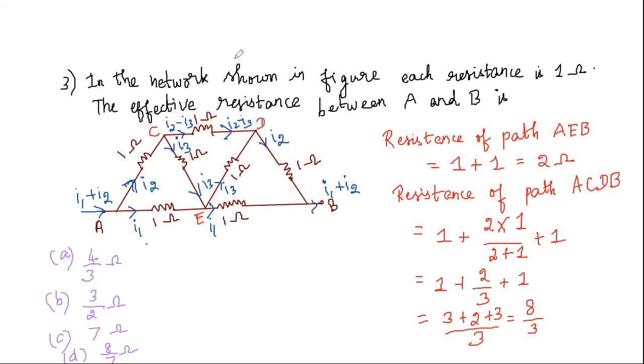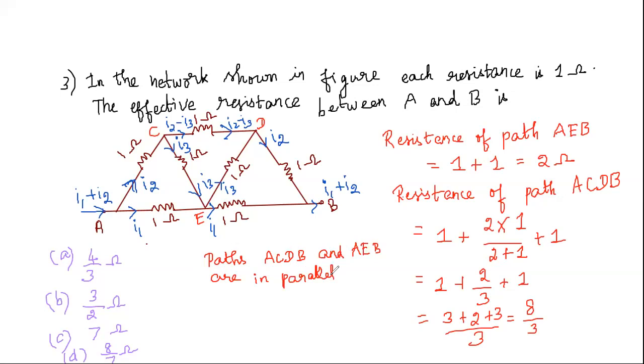Okay. So we know that the paths ACDB and AEB are in parallel. So what you have to do?